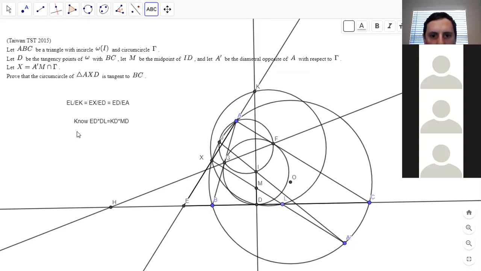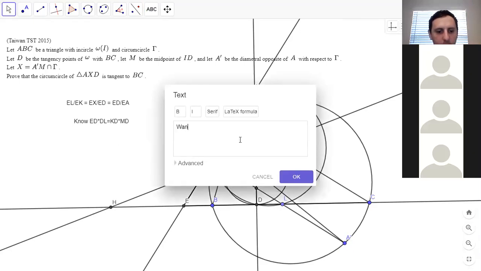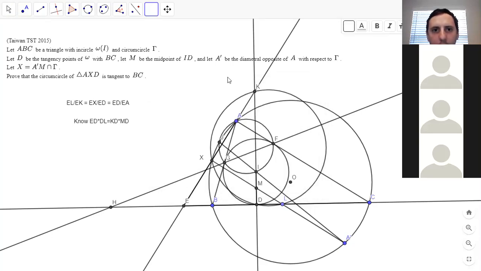Yes. And we want to show that HD times DL is KD times ID. And I think you guys might have already shown this.